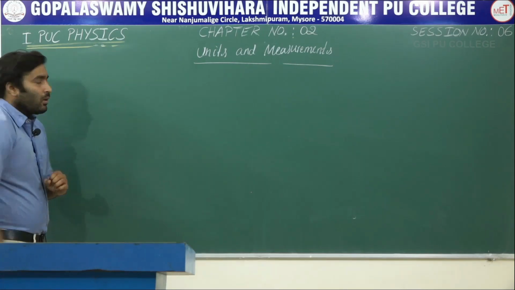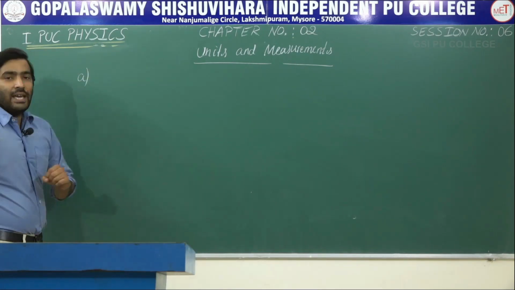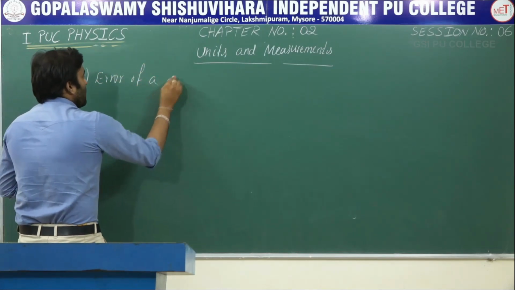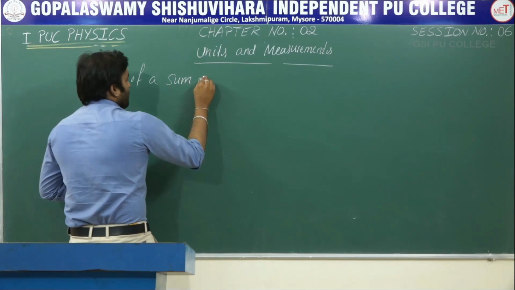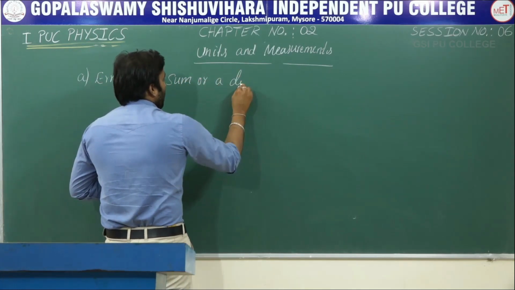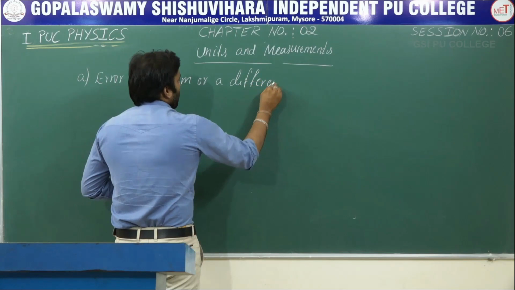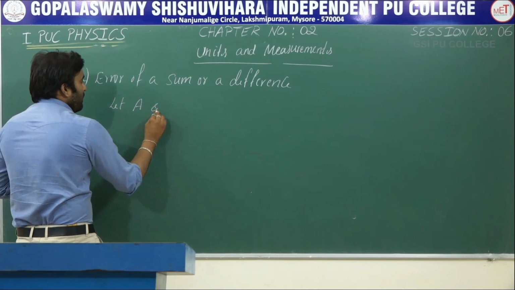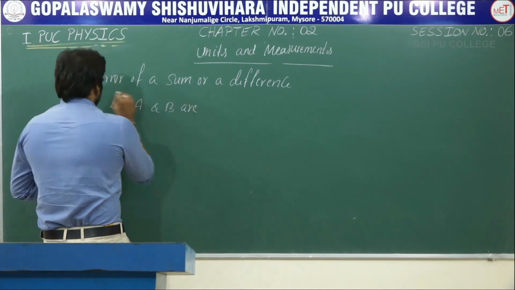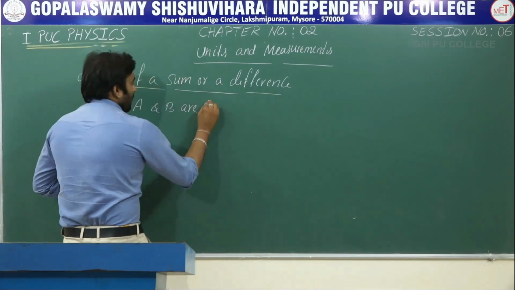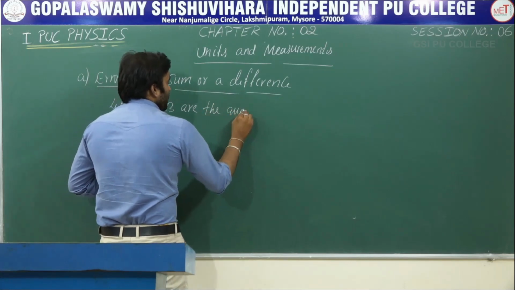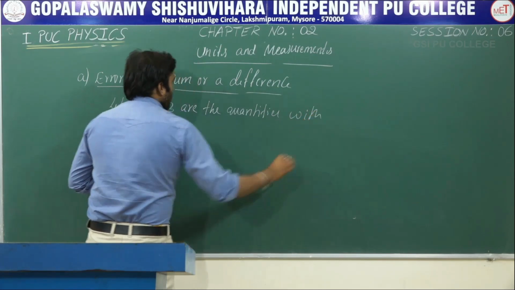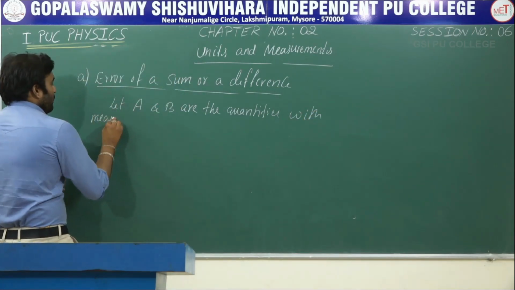Let us write the first side heading as error of a sum or a difference. Let A and B be the quantities with measured values.